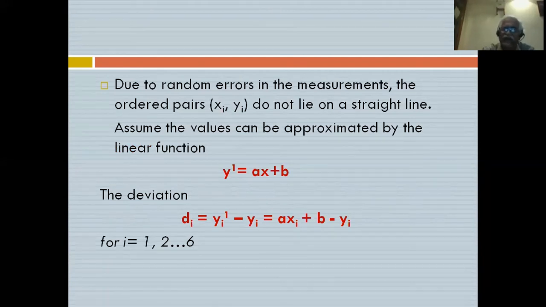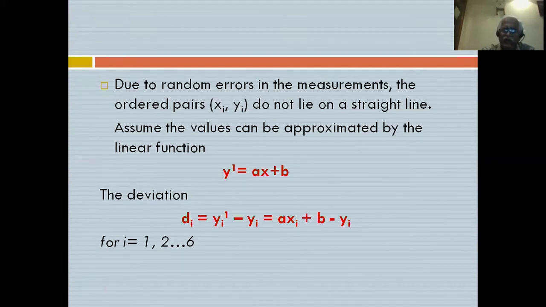Now, due to random errors in the measurement, the ordered points xi and yi do not lie on a straight line. So assume the values can be approximated by the linear function y equals ax plus b. This is the deviation di, which is yi1 minus yi. So yi1 equals axi plus b, because we have already assumed y equals ax plus b.